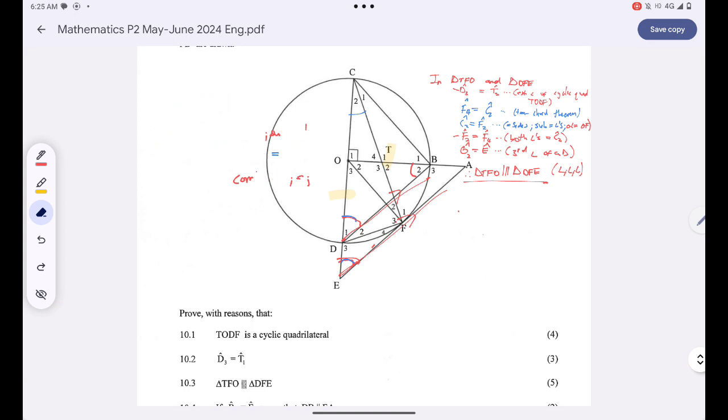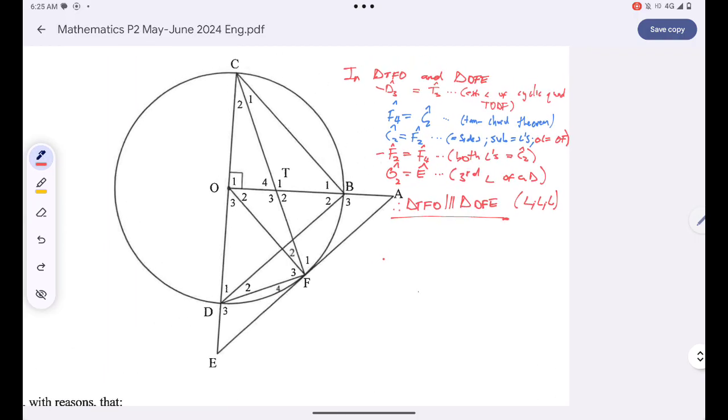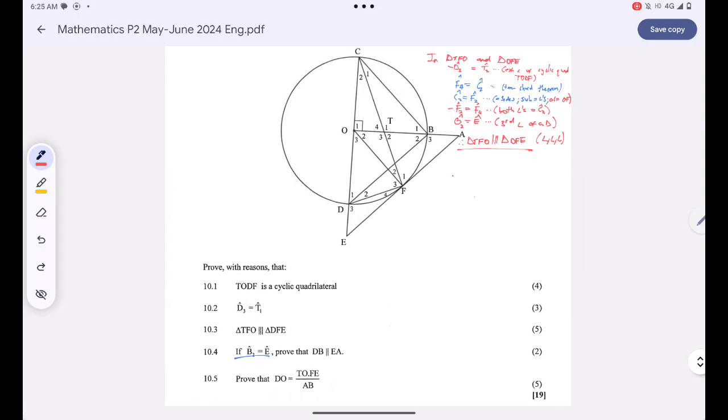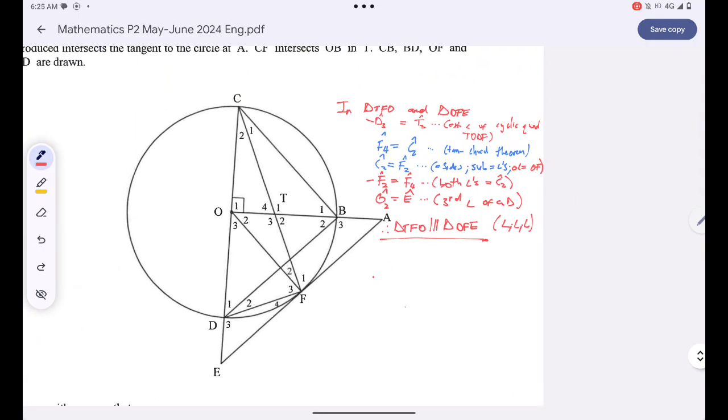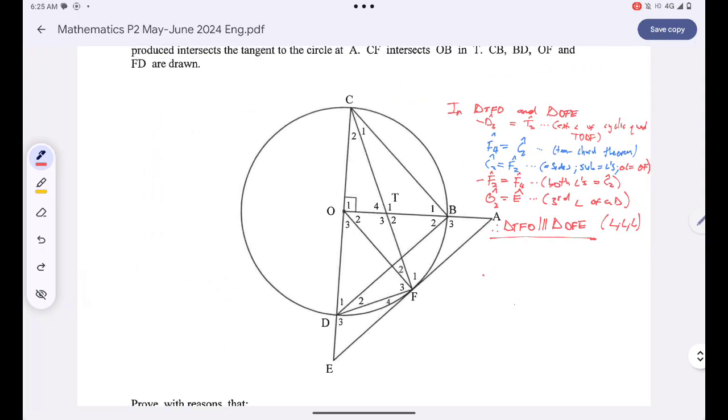According to the previous proof of my similarity, I can simply conclude that, let me use a different color, FO over FE is equal to TO over DE.